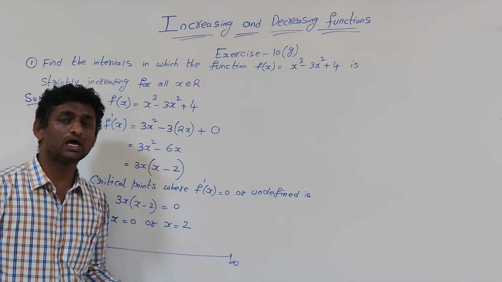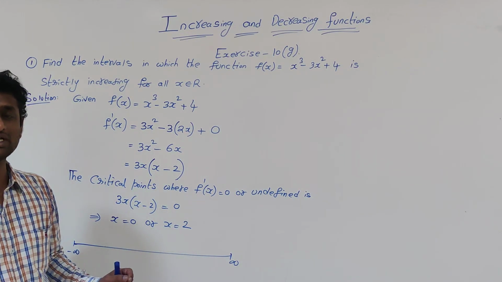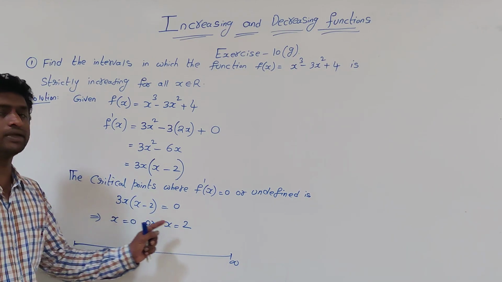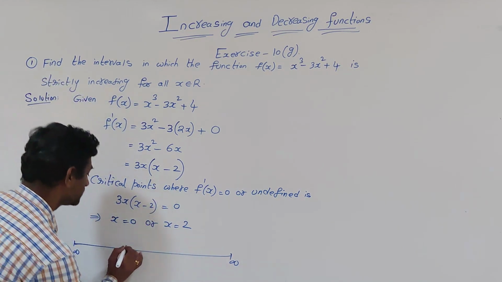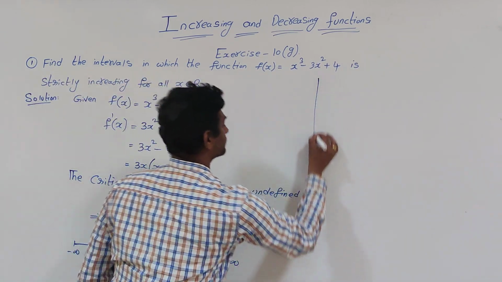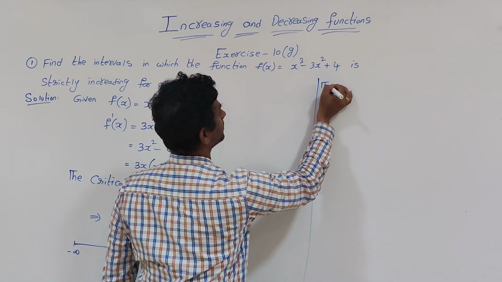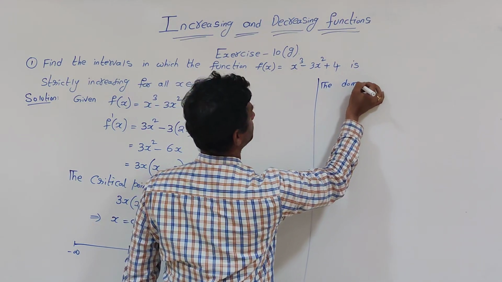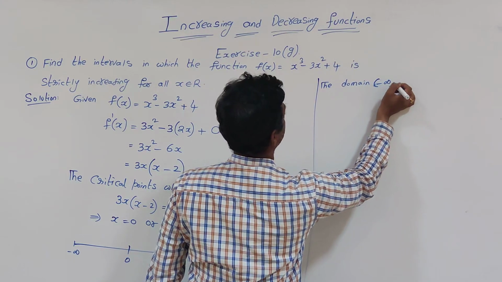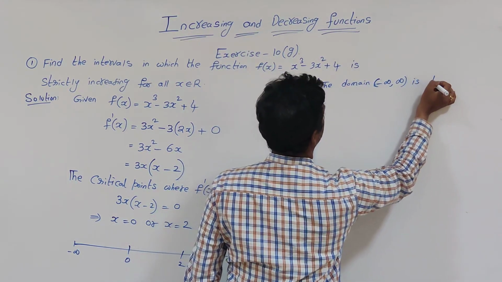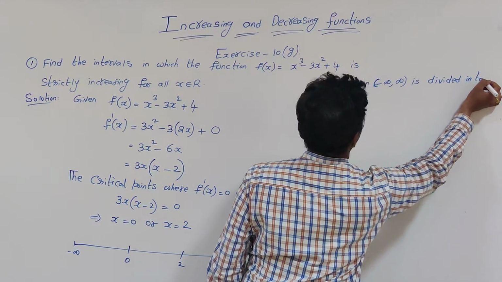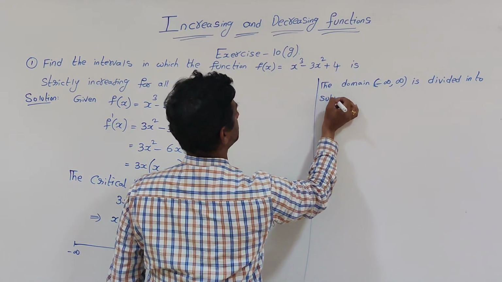So based on the domain, now we have to divide into sub-intervals based on the critical points. What are the critical points we got? 0 and 2. So divide the sub-intervals with the help of 0 and 2. Means the domain minus infinity to plus infinity is divided into sub-intervals.